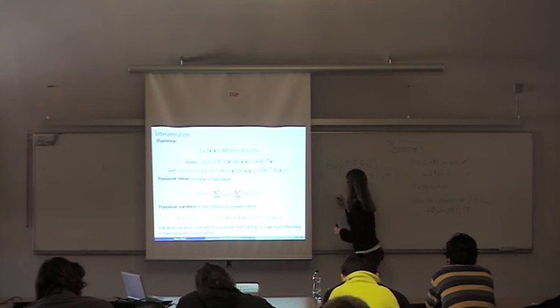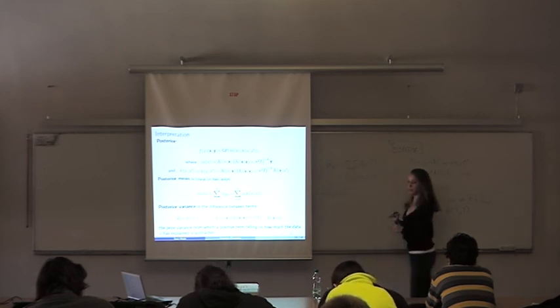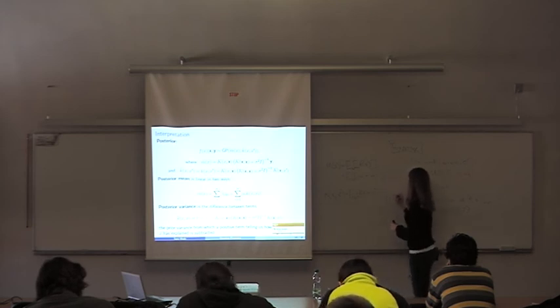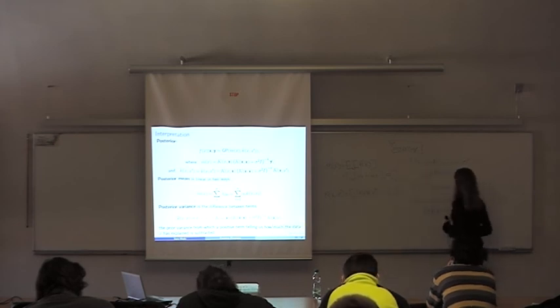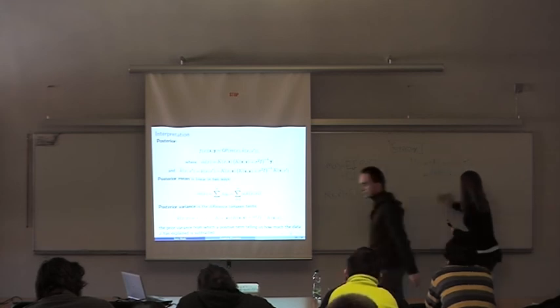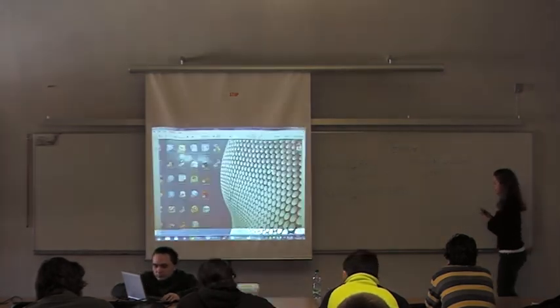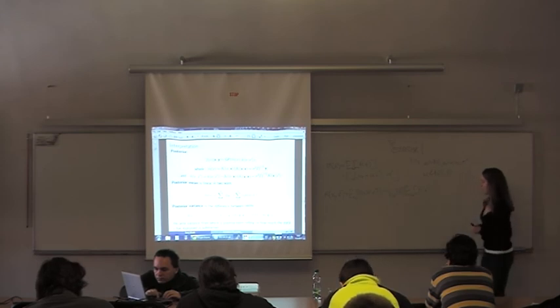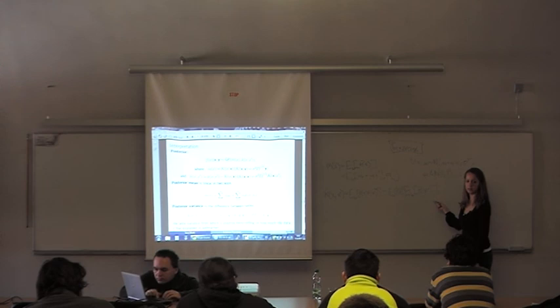So our covariance function is just the expected value of f of x times f of x prime, which is just the definition of covariance, minus the expected value of f of x. Okay, so this we said is 0, right?